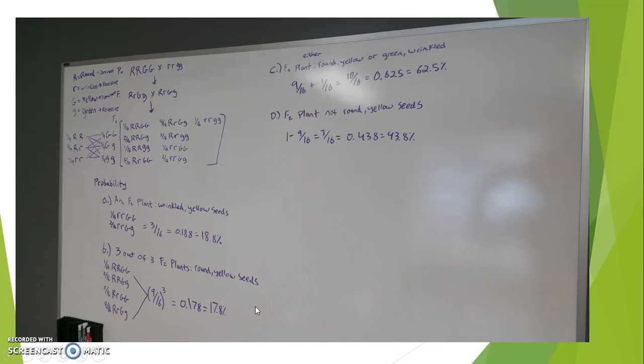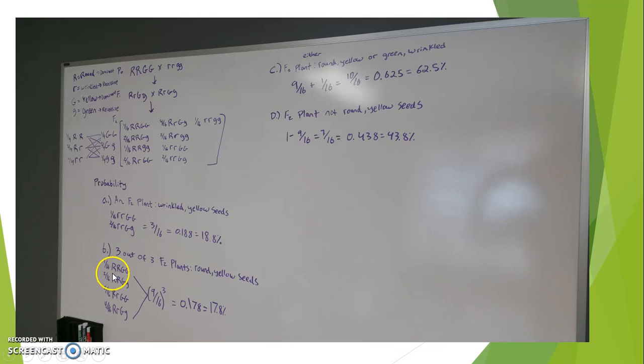For part B, it states that 3 out of the 3 F2 plants are going to be round with yellow seeds. So I found the probability of finding a plant that has round and yellow seeds.